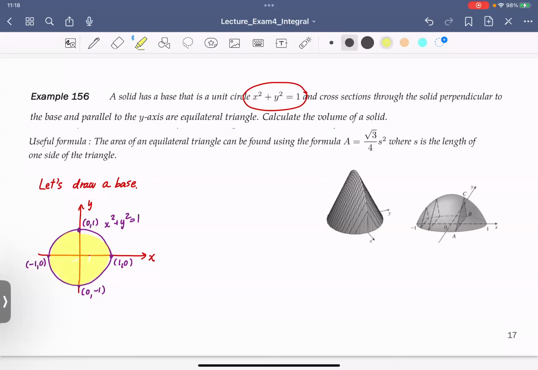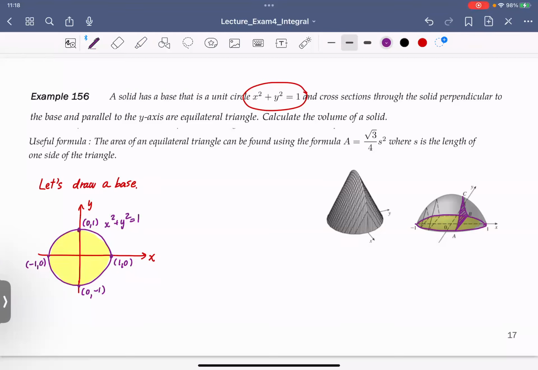Once you have the circle here, imagine that you put the circle down there, like in 3 dimensions. Now every time you cut the circle here, you're going to draw the area, which is going to be the triangle.